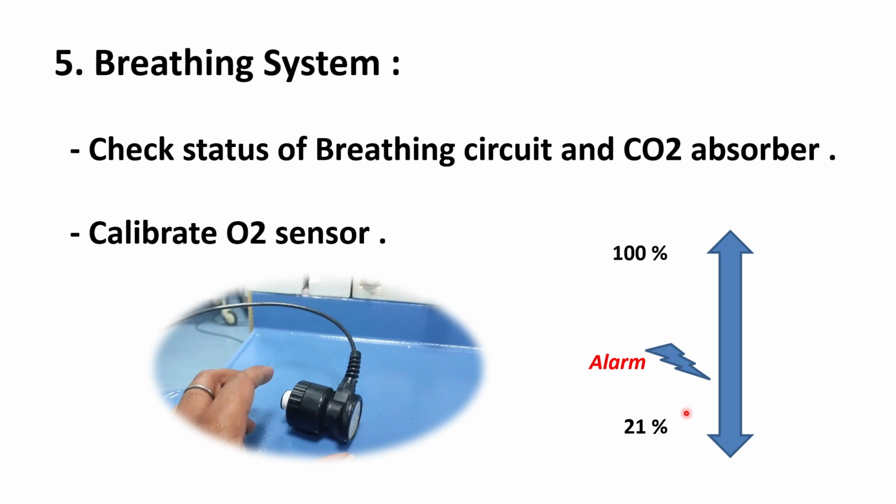We told it before that it's 21%, so the alarm will make a sound. After that, we put the sensor back in its place, open 100% oxygen and calibrate it to 100% oxygen. Like this, we have calibrated the oxygen sensor for the anesthesia machine.